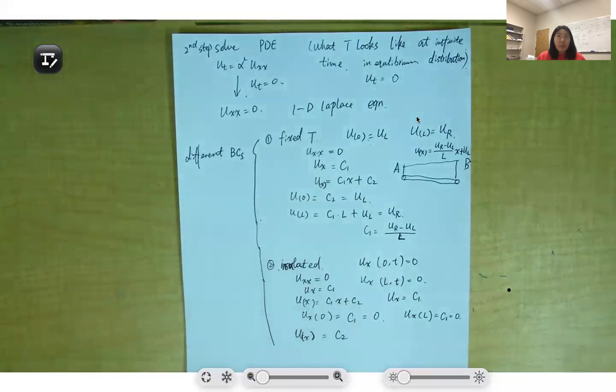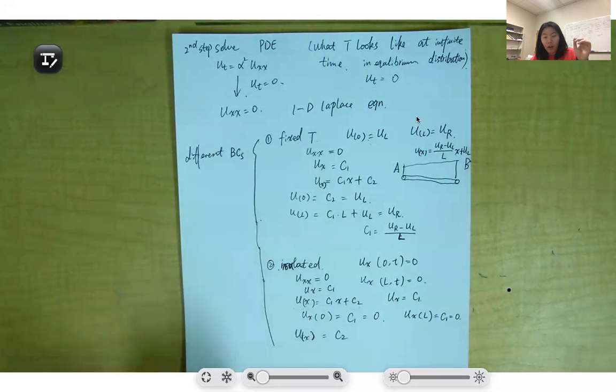So at infinite time, in the equilibrium state of this metal rod, the temperature distribution should be constant when the tips of the rod are insulated. And that makes sense, because the tip is insulated, there is no heat transfer through the tip.